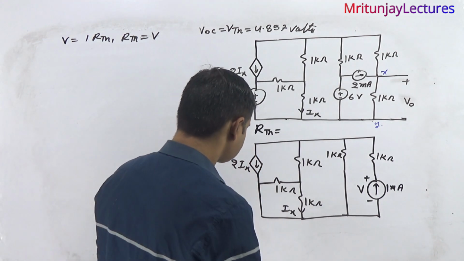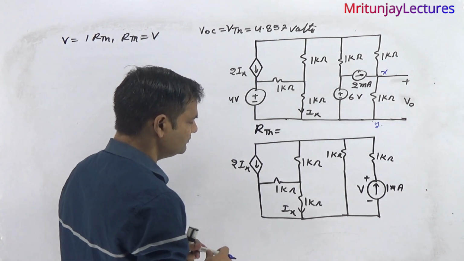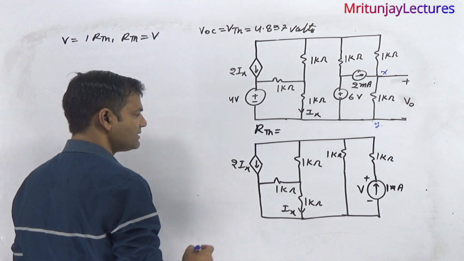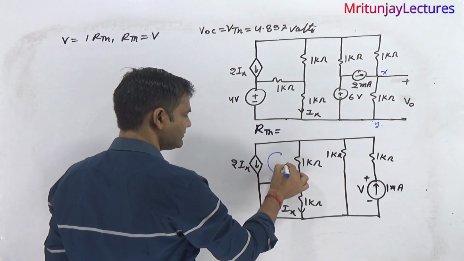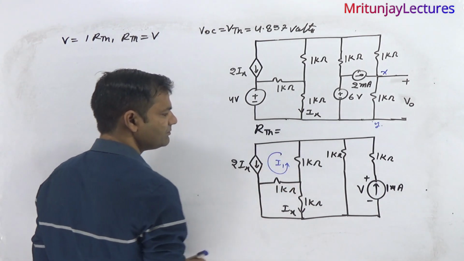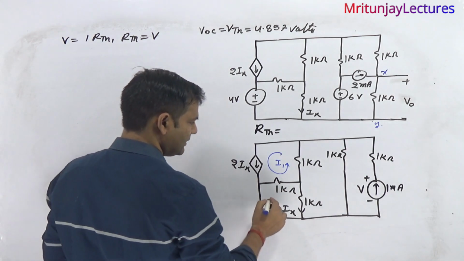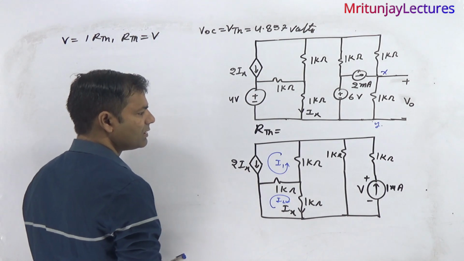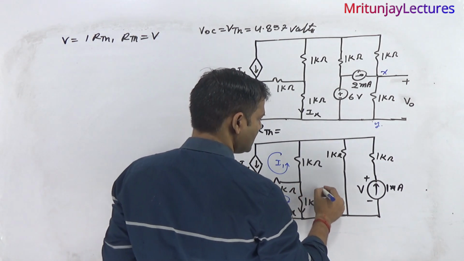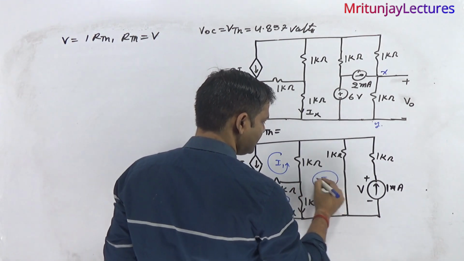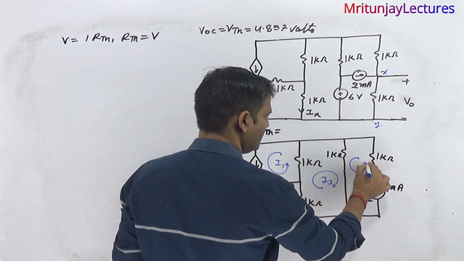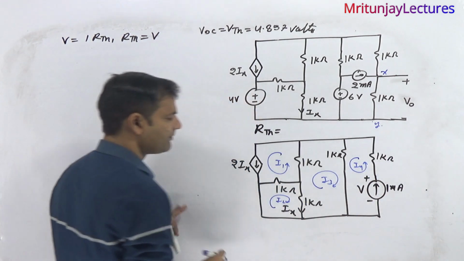First of all, here Ix. Now consider loop current I1, here loop current I2, here loop current I3, and here loop current I4.